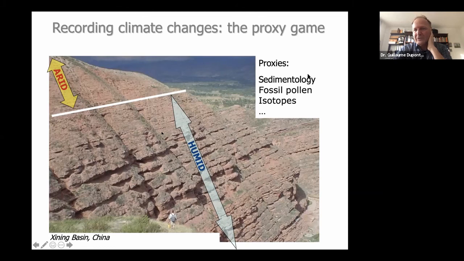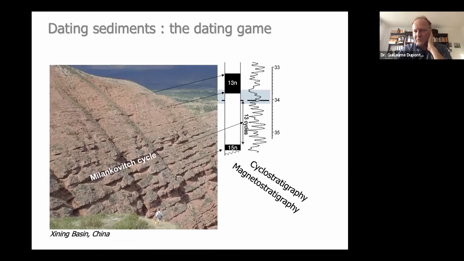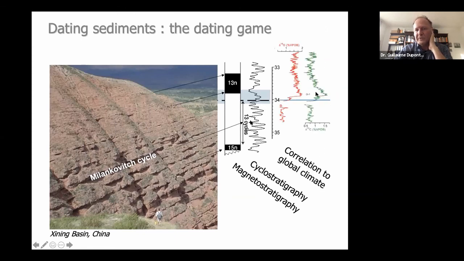This can be done with different techniques that we will present. Then we will also have the dating game class, where we show all the different techniques that can be used to date sediments, so precisely that you can compare them to global climate events.